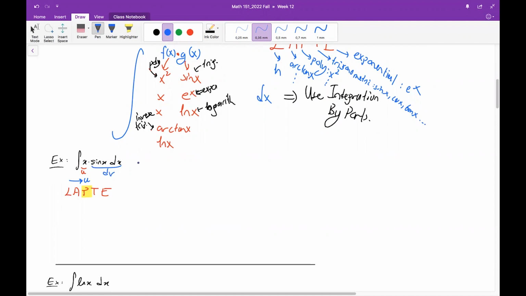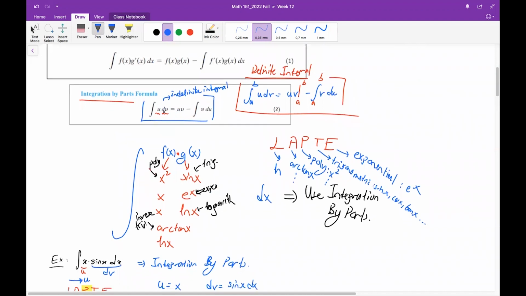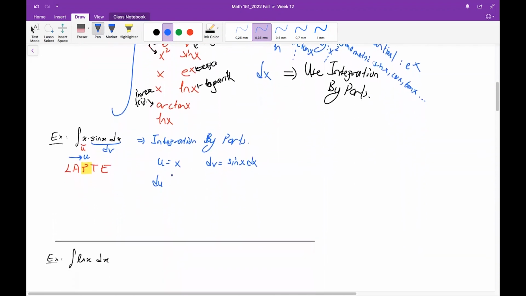Okay, now we are applying the integration by parts formula. u is chosen as x, then dv is chosen as sine x dx. So you see, I covered this structure inside the integral. Now I need to compute what is du, what is v, because on the right hand side we will be writing them.